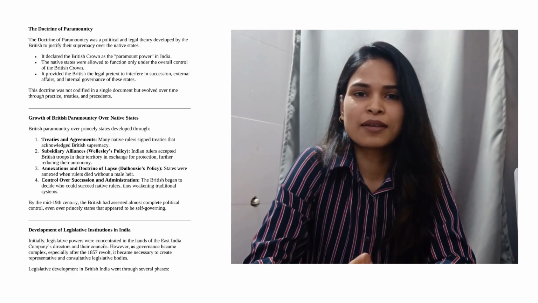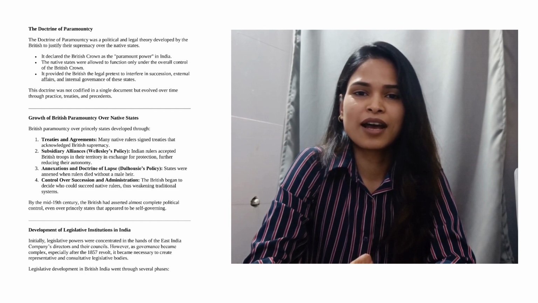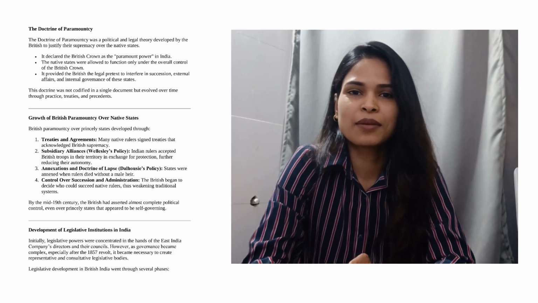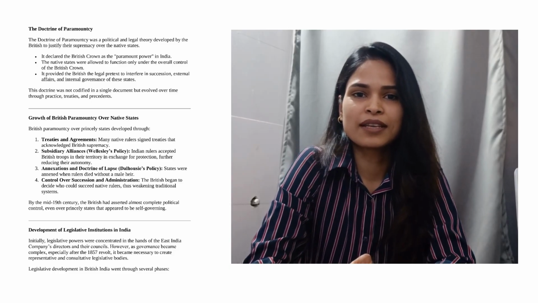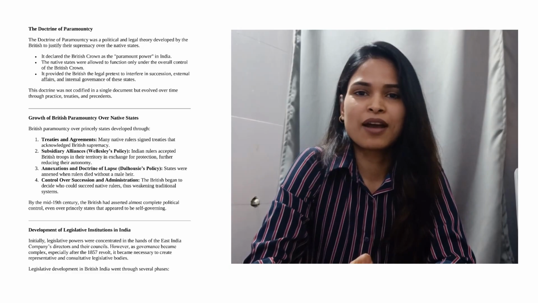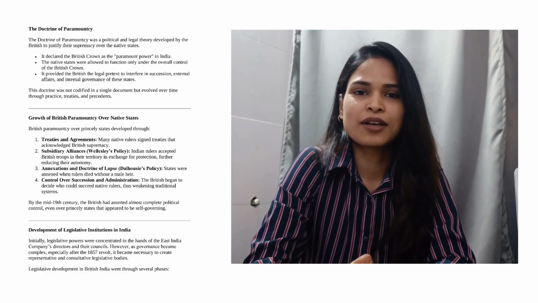Growth of British paramountcy over native states. British paramountcy over princely states developed through treaties and agreements. Many native rulers signed treaties that acknowledged British supremacy. Subsidiary alliances, Wellesley's policy. Indian rulers accepted British troops in their territory in exchange for protection, further reducing their autonomy. Annexations and doctrine of lapse, Dalhousie's policy.